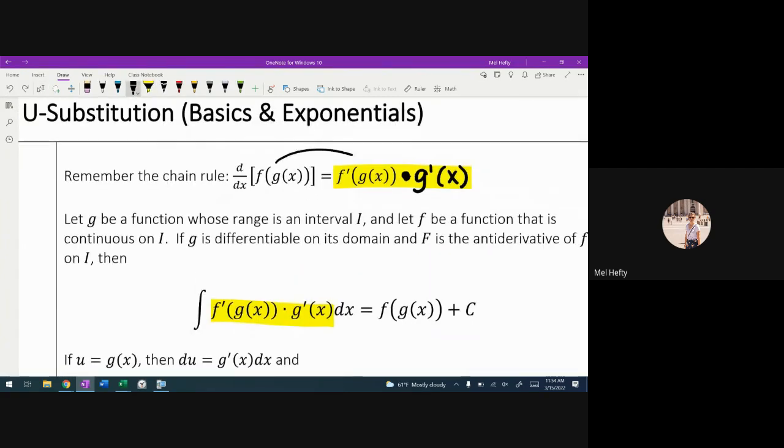So notice I took a derivative here to get this. We're trying to go back and take an antiderivative to get here. What you're going to notice is these integrals look relatively complicated. So what we're going to try to do is use the letter u and make a substitution to make this integral look less complicated and easier to do.